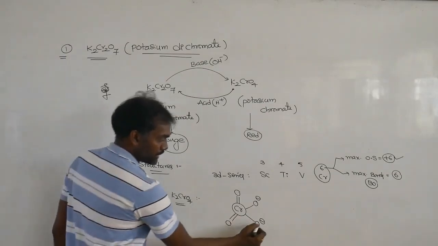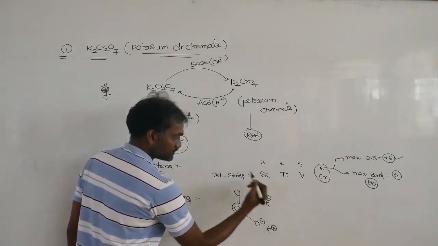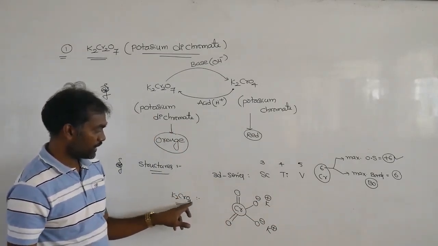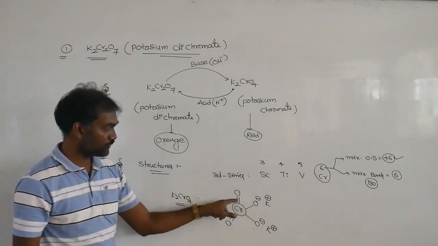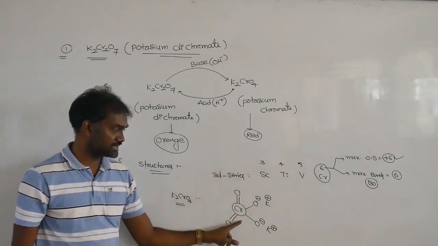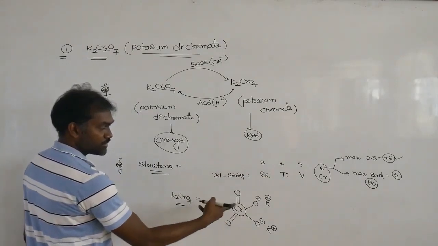Here O minus pairs with K plus, and the next with K plus. Here chromium has 4 oxygens and 2 potassiums, and you count 1, 2, 3, 4, 5, 6 bonds. 6 bonds only. Yes, exactly, that is correct. This is the structure.